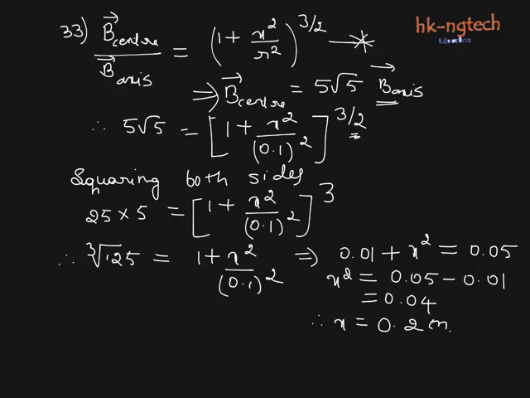Finally we are left with 25 into 5 is equal to (1 plus x square divided by 0.1 whole square) whole to the power of 3. Taking the cube root on both sides, we are left with x square is equal to 0.04 and hence x is equal to 0.2 meter. That must be the answer for that problem.